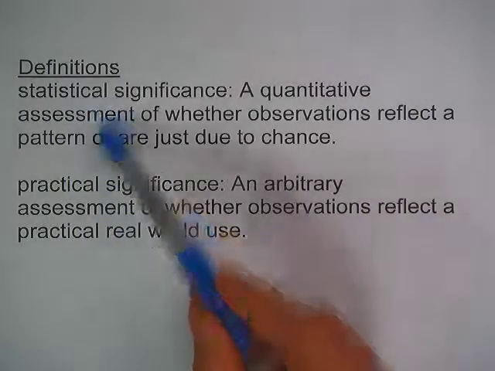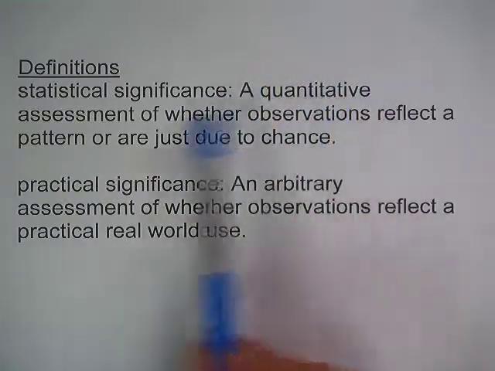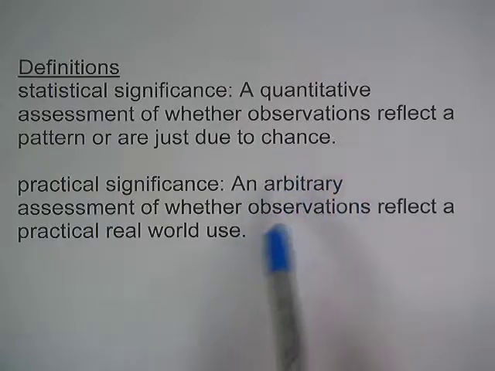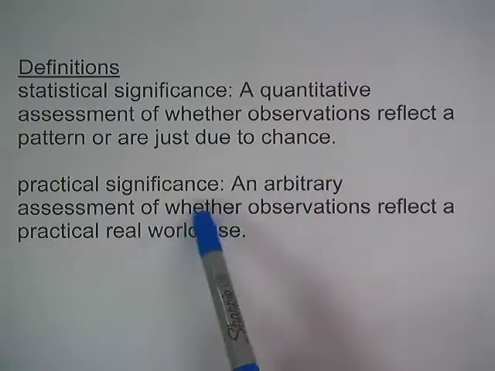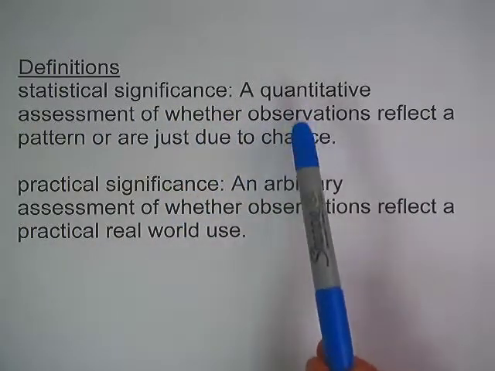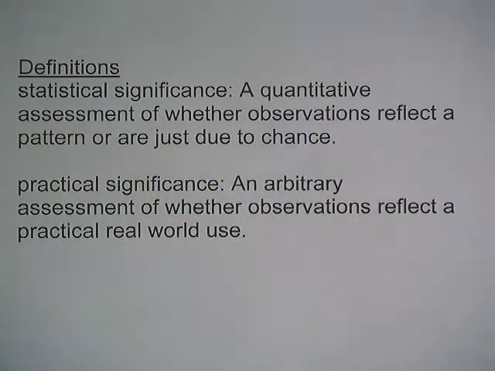The big difference here is that with statistical significance, we're actually doing a quantitative assessment, whereas practical is more arbitrary. You're just kind of thinking, well, does this seem like it's a significant difference? Whereas with statistical significance, you're actually quantifying. You're saying, is there a significant difference or is there not a significant difference?